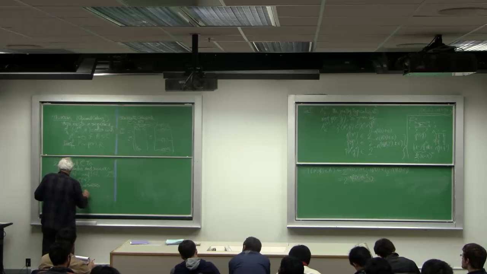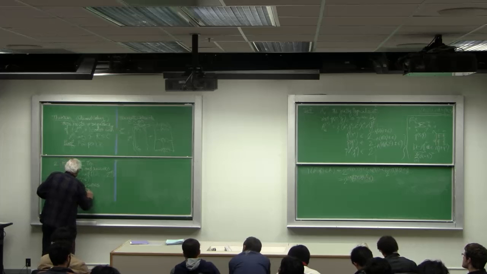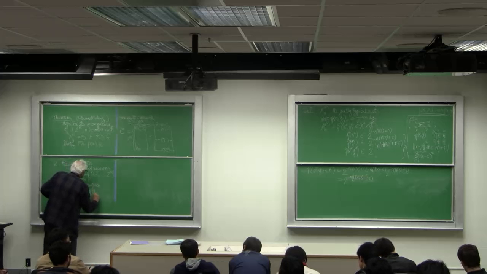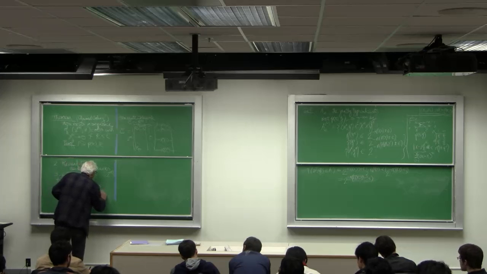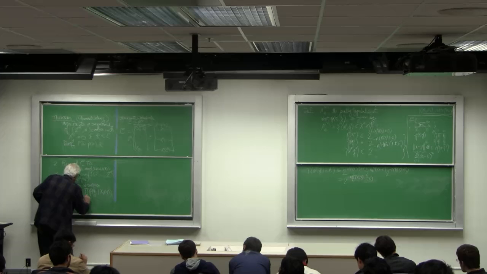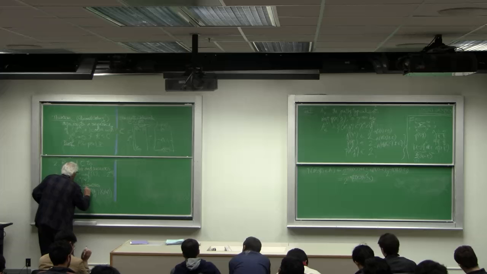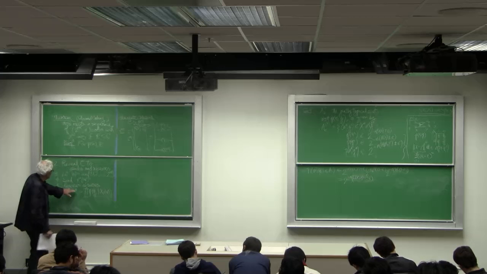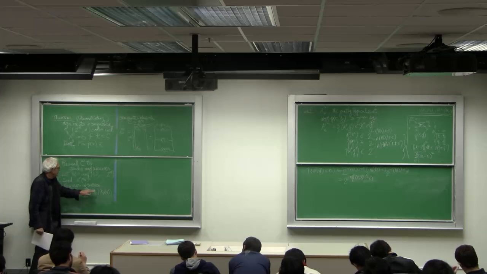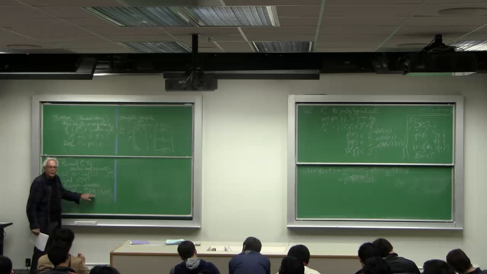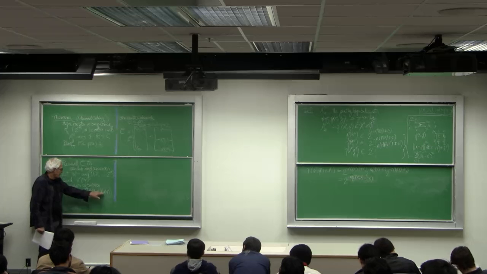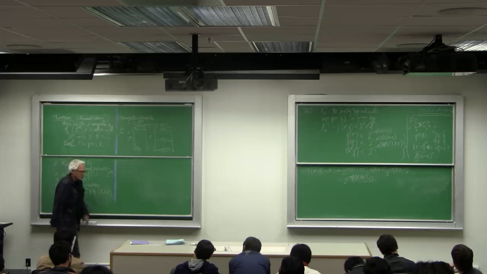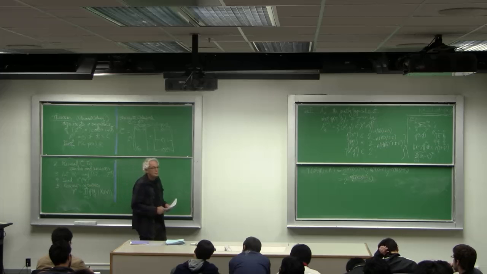It's drawn according to P of Yi given Xi of W from i equals 1 to N. In other words, the Y's are conditionally independent, drawn according to the conditional distributions of the input at the associated times.